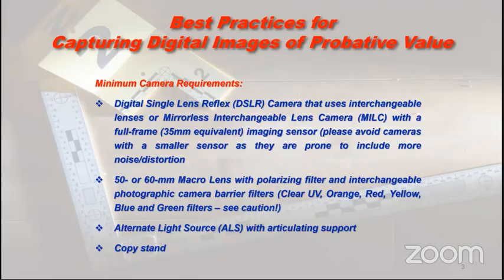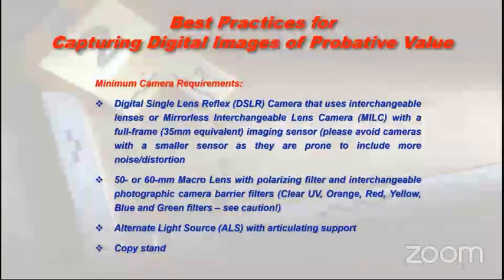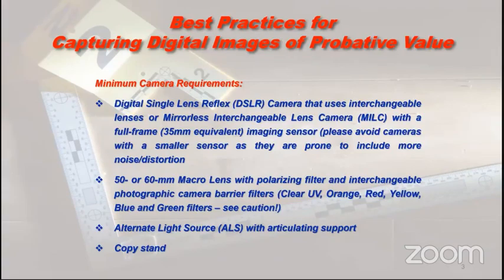Also, something that is not discussed in the standards, because they say it is a cost issue, and there has been some concern about whether it has been analyzed subjectively in terms of verifying and validating the data, is whether you actually need a full frame imaging sensor. My recommendation is that you must have a full frame imaging sensor.